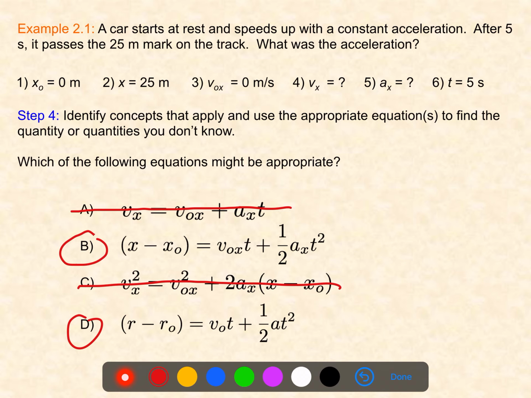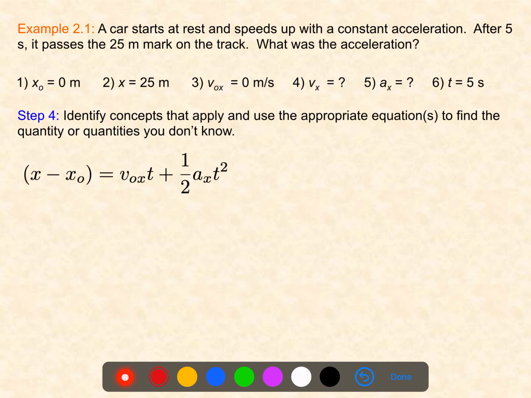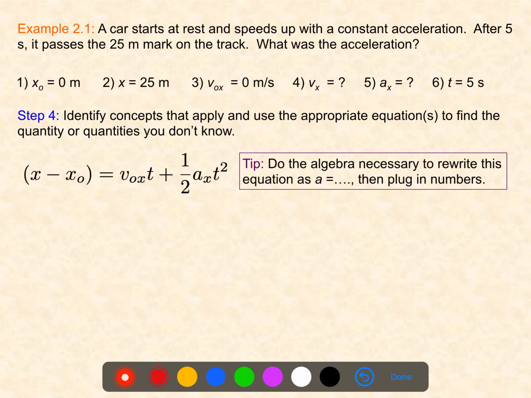All right, so I'm going to utilize equation B next in figuring out what the answer is, which is the acceleration rate. So I start off with this equation. Okay, it's always best if you can to do the algebra first and then plug in the numbers. I know that when I was in introductory physics, that was not necessarily my preference, so I get it.